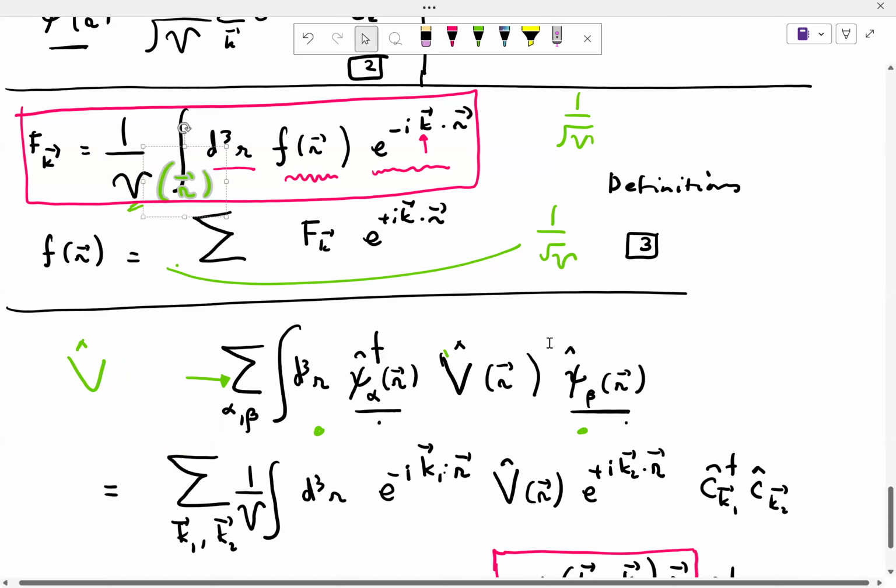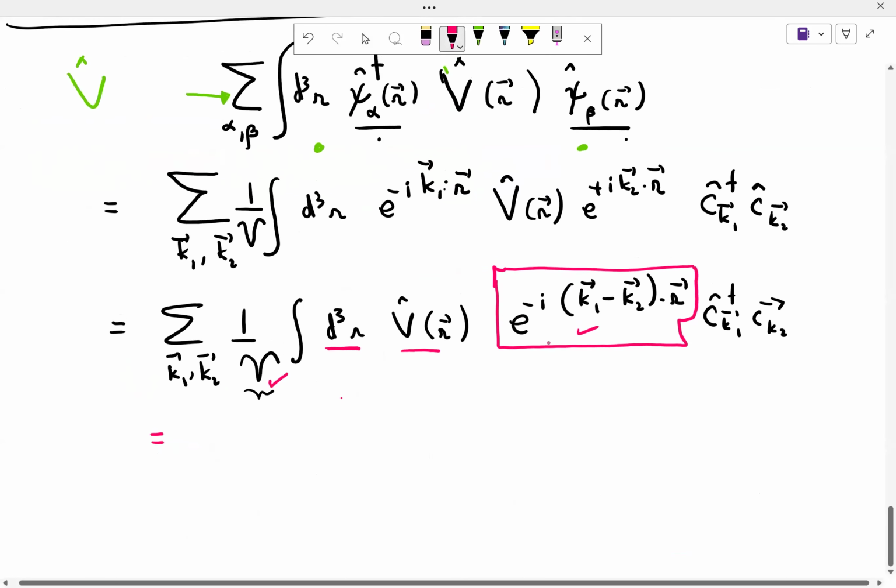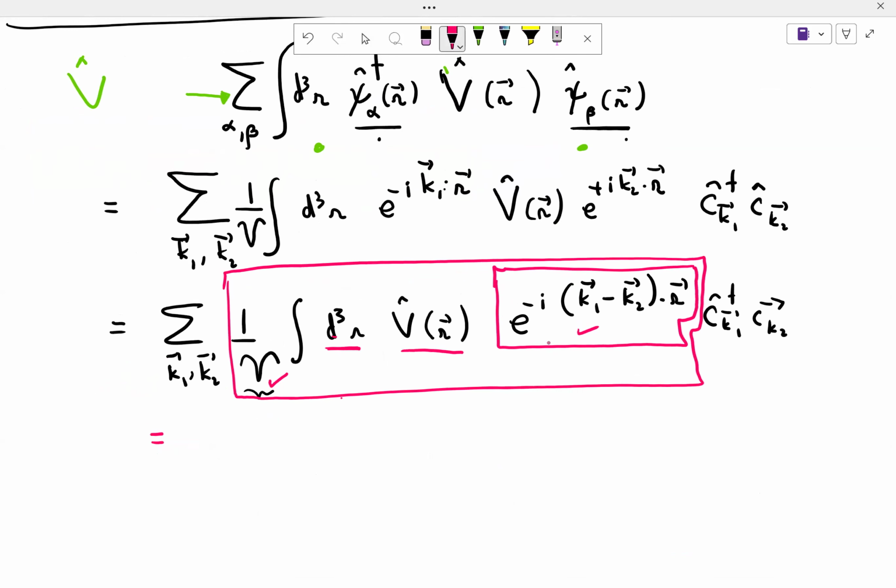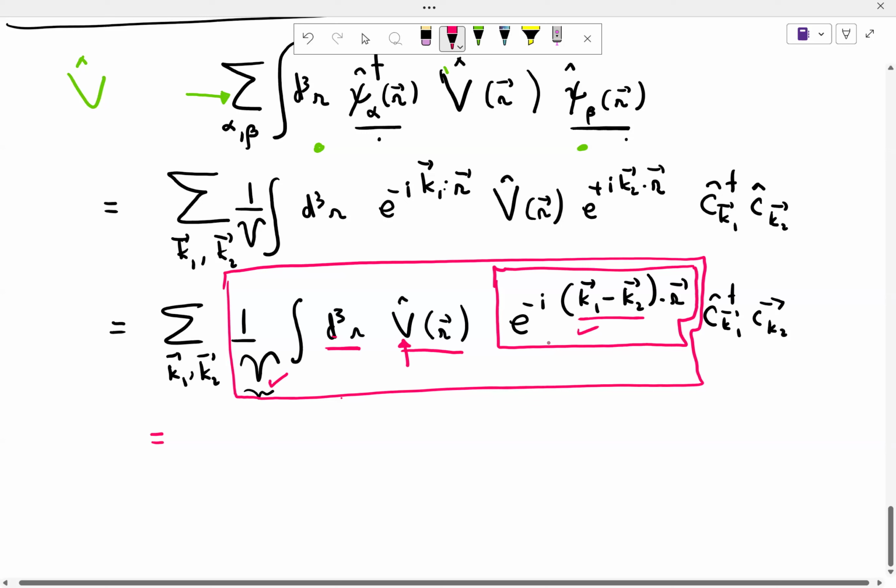Okay, so all of this integrated over all of volume divided by V, what is this going to give me? This is going to give me the Fourier coefficient at this location of this potential. So this is a function in space. This will have a Fourier transform. Let's represent this by this small v at k1 minus k2.